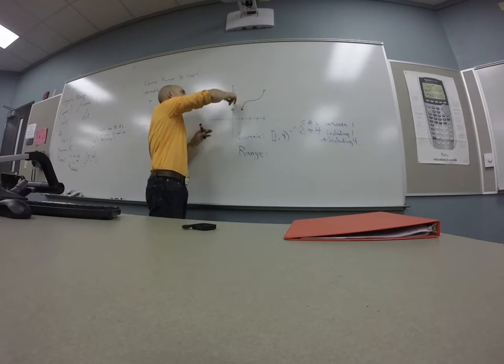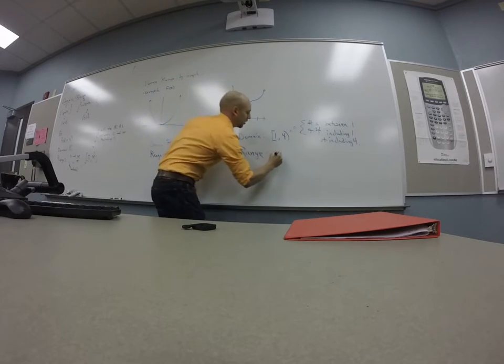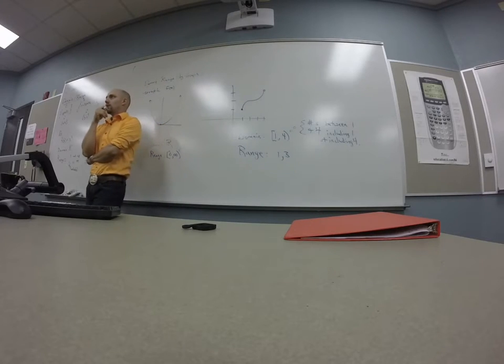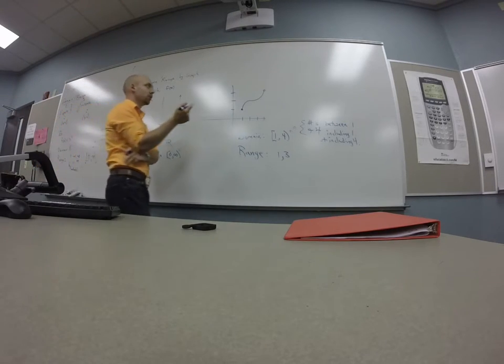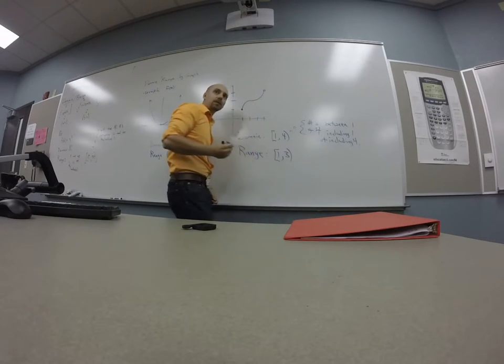Our graph smeared between 1 and 3. Okay, now which way are they included or not included? They would still be the same order, right? The 1 is included, the 3 isn't.